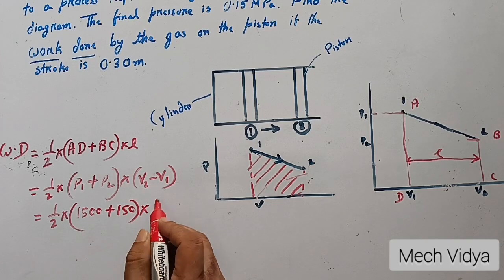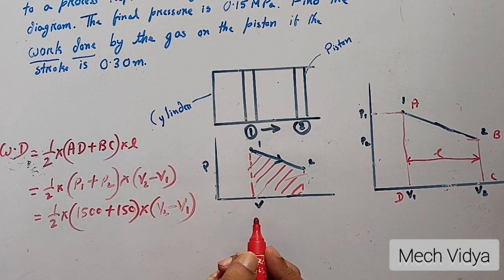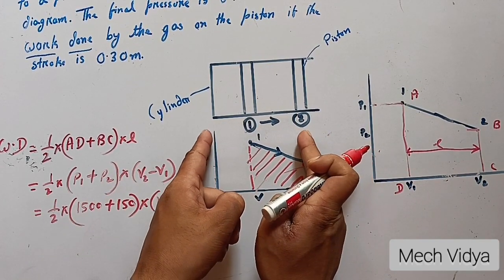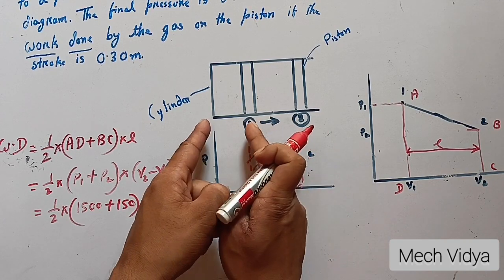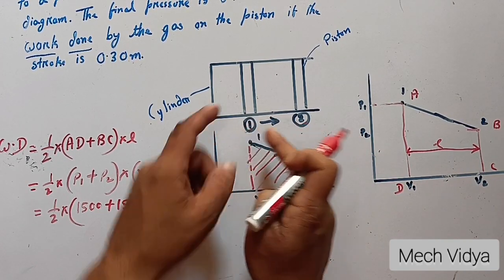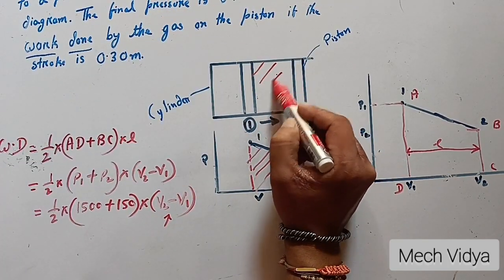Now, what is V2 minus V1? It is actually a volume. If I refer to the diagram, this is V2, this is V1. So V2 minus V1 will be the middle portion, this portion.